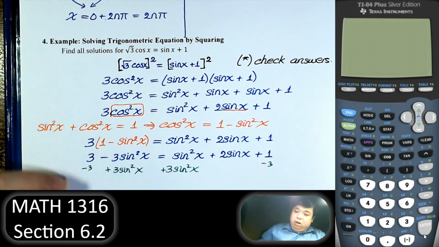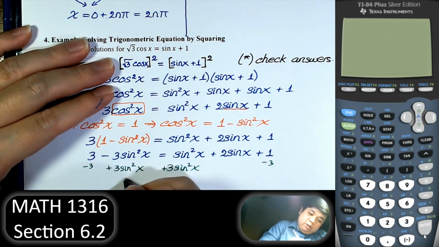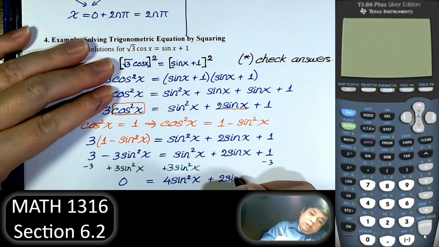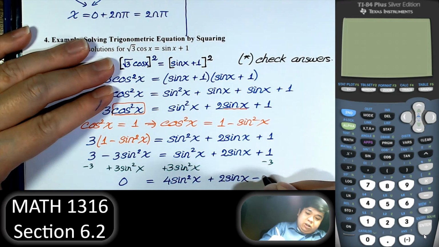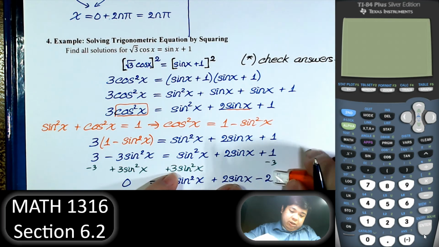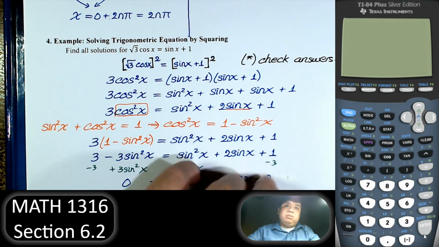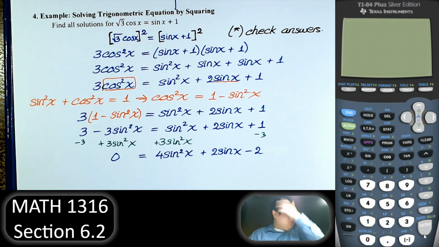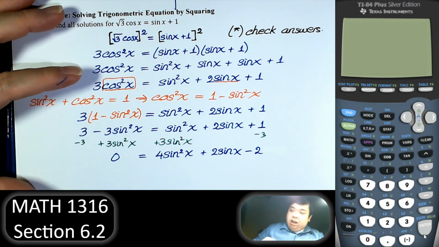Plus 3 minus 3, in this case we have 0. 4 sine squared plus 2 sine minus 2 equal to 0. So that's the equation. Now let's go back to what we did earlier. We can let u equal sine x.